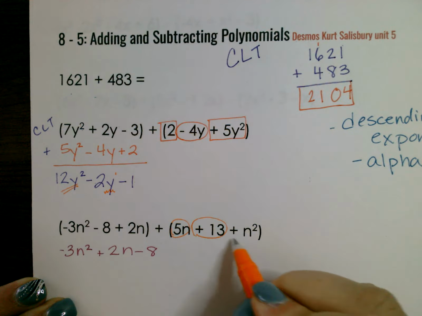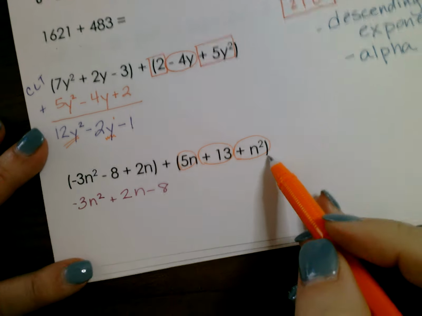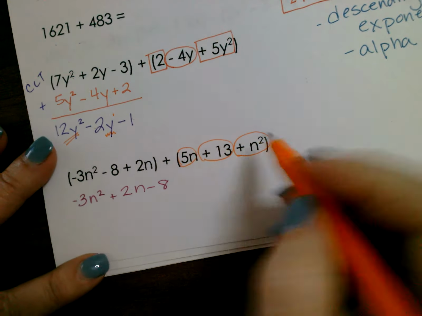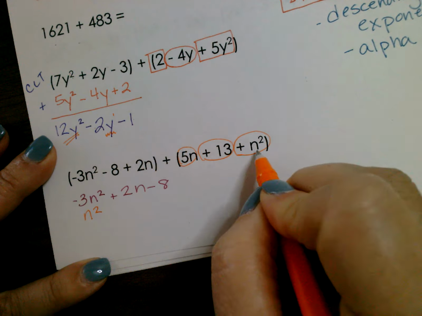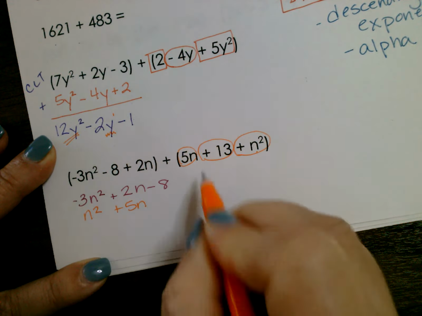Remember, trinomial means it has 3 terms. Tri means 3. I'm going to write it in descending order. So I have n squared plus 5n plus 13. I knew that was positive. If it was negative, it would have had a sign.